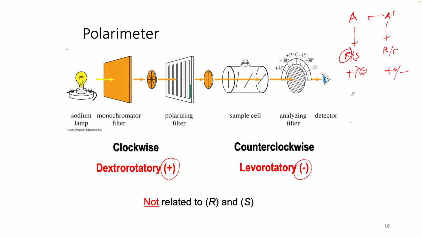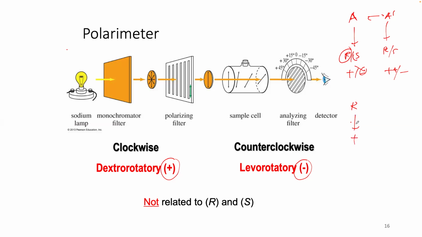But as I said, this plus or minus is a property of the molecule, and that molecule can have only one stereoisomerism, R or S. So for each enantiomer, let's say for example, you have the R isomer and it is positive.